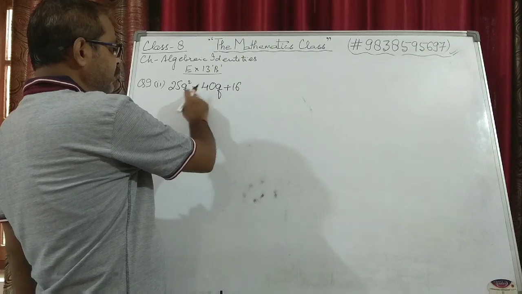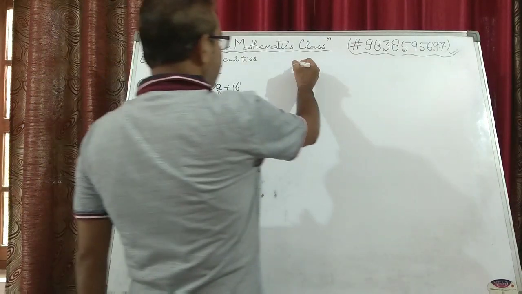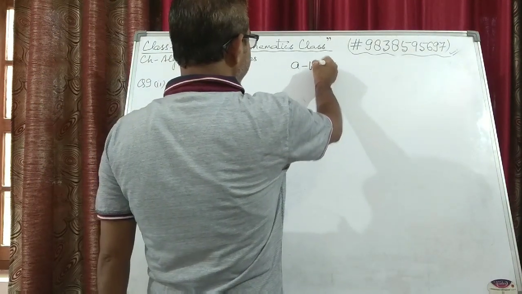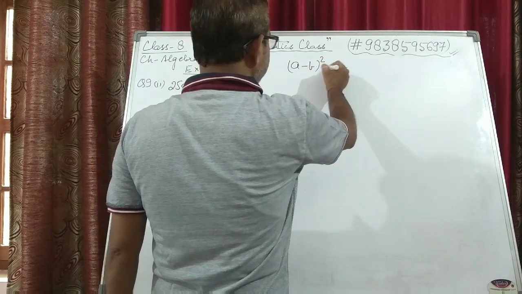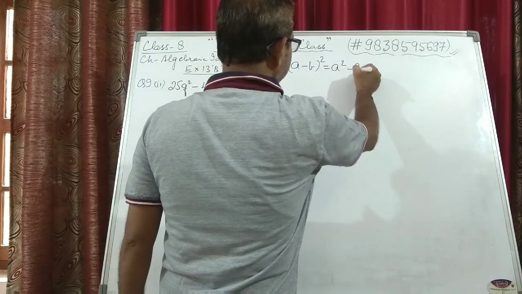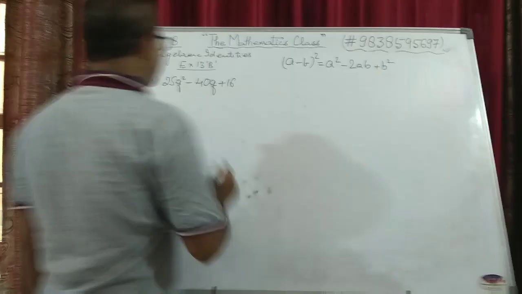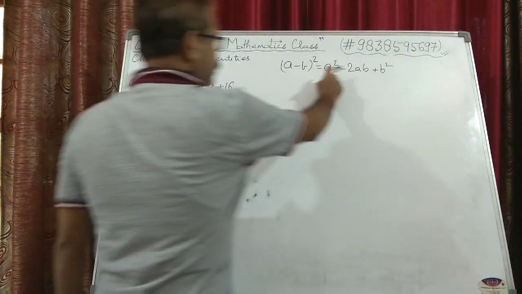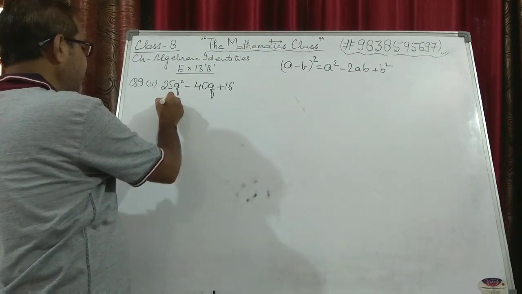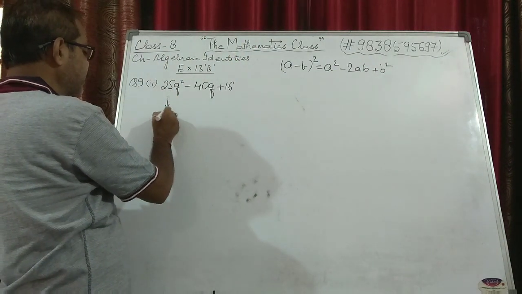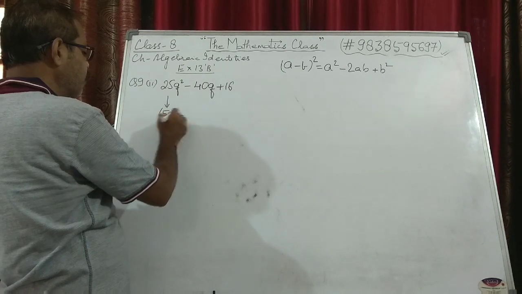It means somewhere it should be minus 2ab, and we know that a minus b whole square is equal to a square minus 2ab plus b square. So we will try to write it in this expanded form. Now 25q square can be written as 5q whole square.